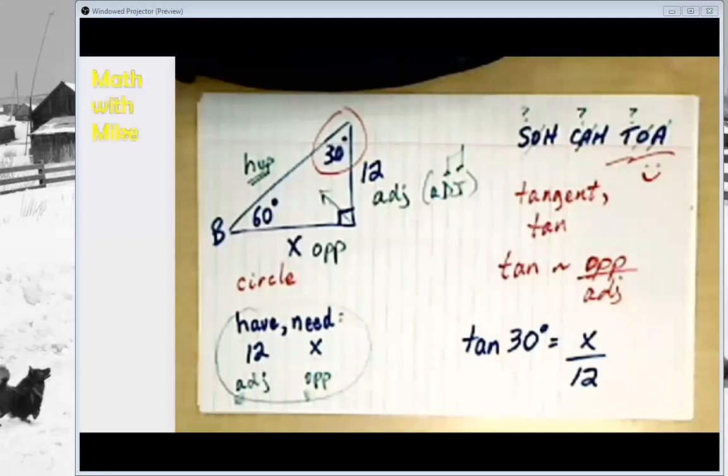And remember, you have to use your calculator for that. Because I don't know what tangent of 30 is. I got some weird number for it, but not a nice one.